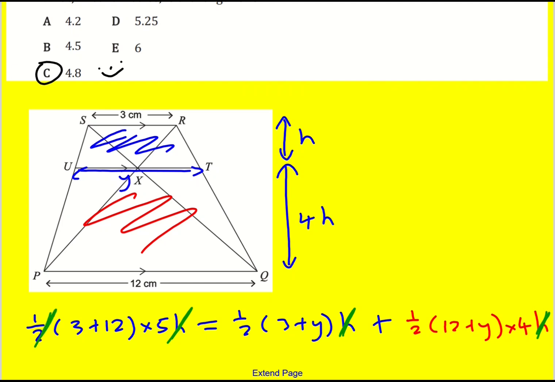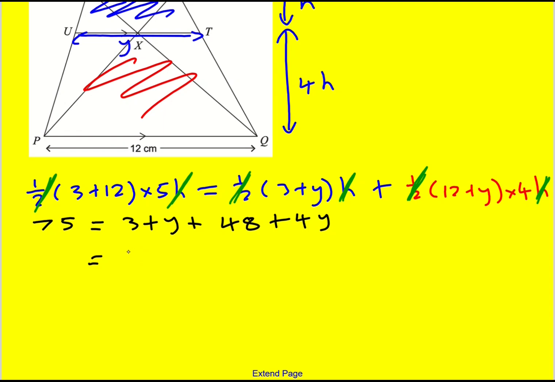I can also times through by 2 to get rid of the halves. So that leaves me with 15 times 5, which is 75, equals 3 plus y plus 48 plus 4y, which will give me 5y plus 51.